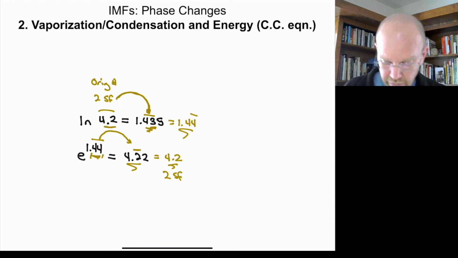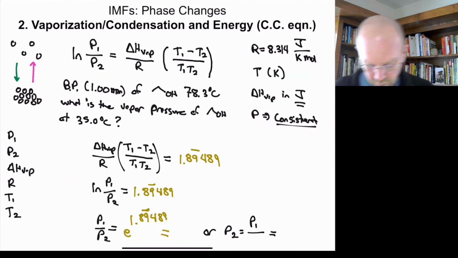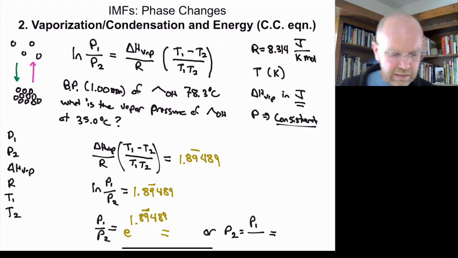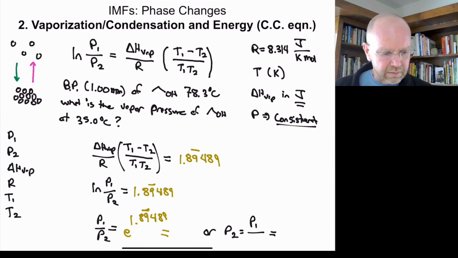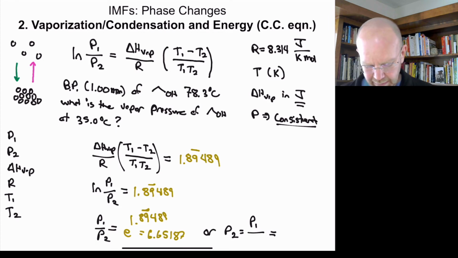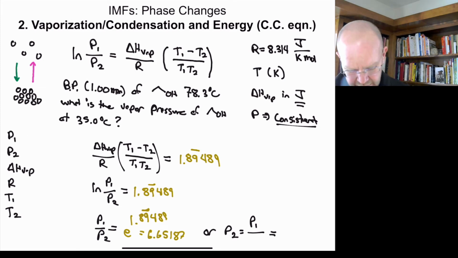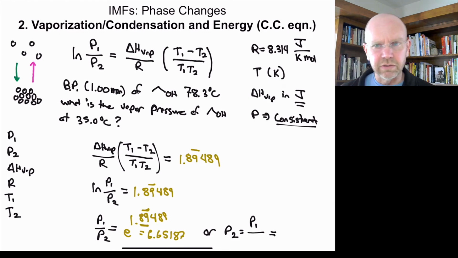Now we have to apply that here. We're taking the anti-log of 1.89, so that means we're going to have two significant digits in our answer. When I take e to the 1.89489, I get 6.65187. We see that the natural logarithm is 1.89, and the 9 is the last significant digit in that number, so we have 2 sig figs in the resulting antilog.